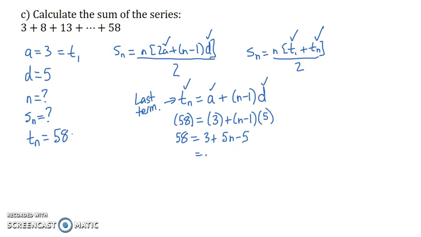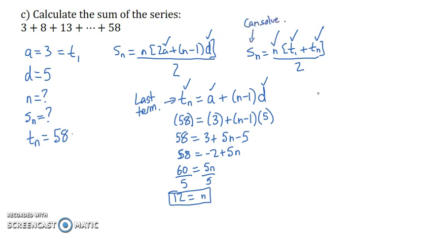Gathering like terms together, I get negative 2 plus 5n is equal to 58. And now, bringing the 2 over, I get 60 is 5n. Divide by 5. n is equal to 12. That means there are 12 terms in this sequence. Or sorry, in this series. So now that I know the n, number of n's, I now know this, and I can solve for this.